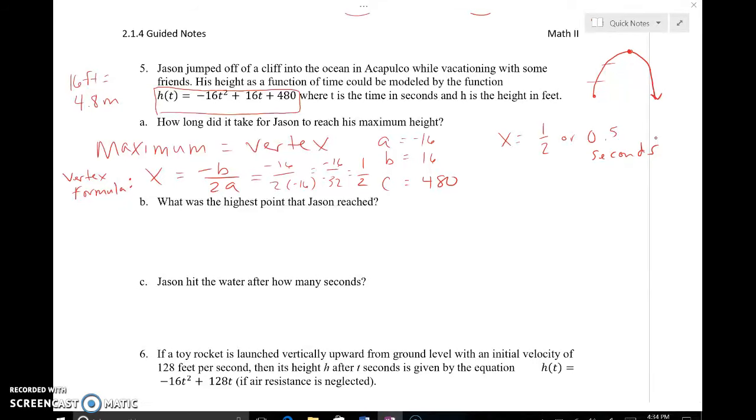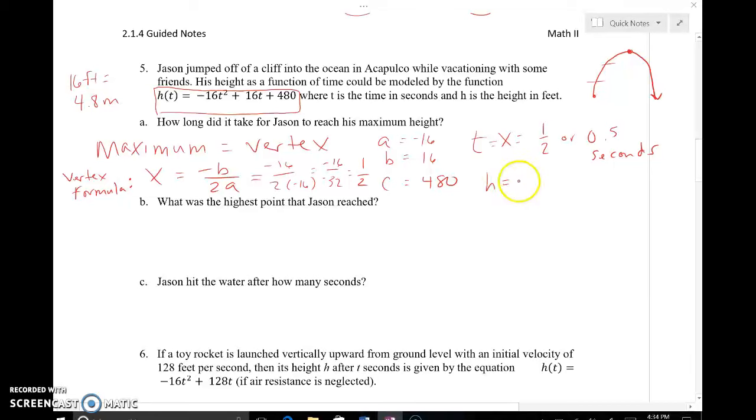Now what I'm going to do with that x value is substitute. Now we're treating it like x, but it's also t in this problem, so that's the time. So I'm going to substitute this 0.5 in for t. Everywhere I see a t, I'm going to put 0.5. I'm trying to find out what's the height at 0.5.